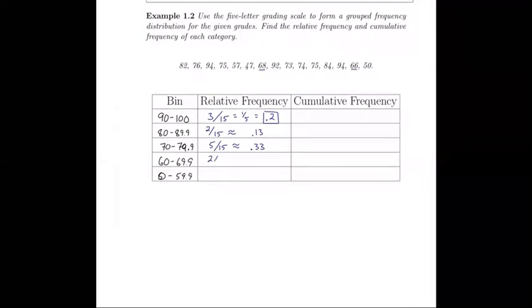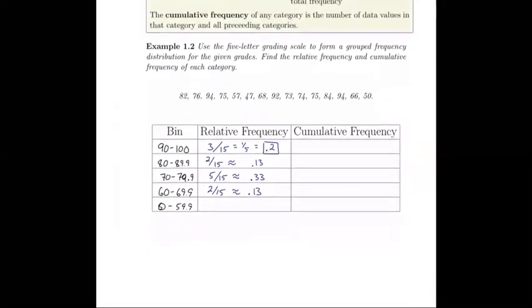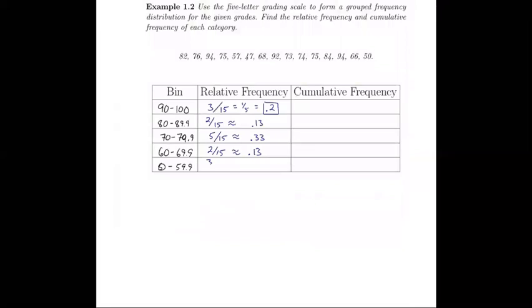So 2 out of 15 once again. This is approximately 0.13. And lastly, 0 to 59, we have 50, 47, and 57. So there are 3 of these. So 3 out of 15, and that's exactly equal to 0.2 once again.